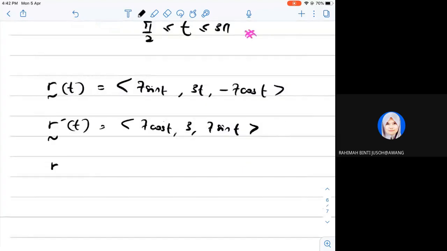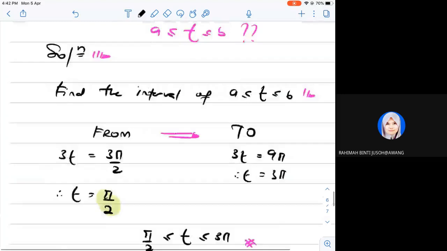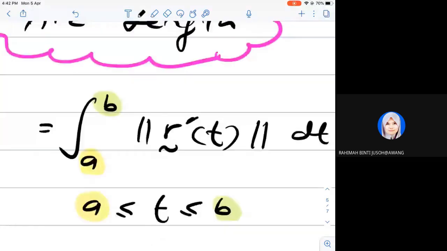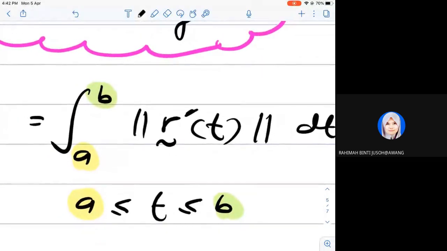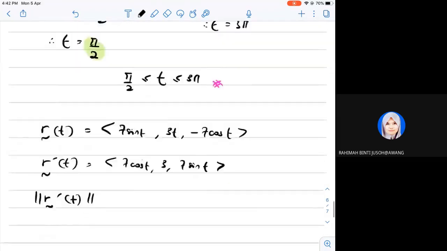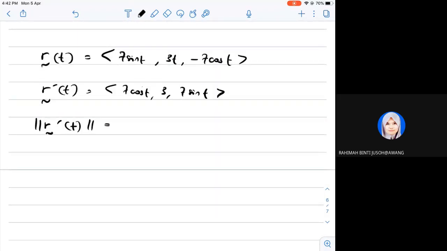So next, you kena cari magnitude of R prime t. Sebab formula arc length, you kena cari magnitude. So carilah magnitude dia. Okay, jom kita cari. Punca kuasa 2, 7 cos t squared plus 3 squared plus 7 sin t kuasa 2.